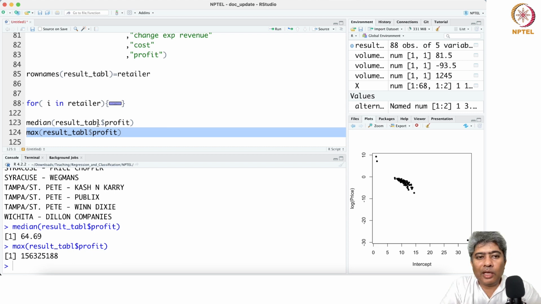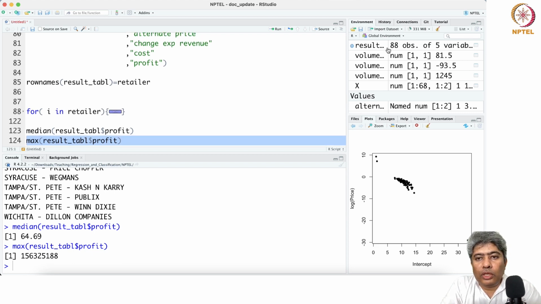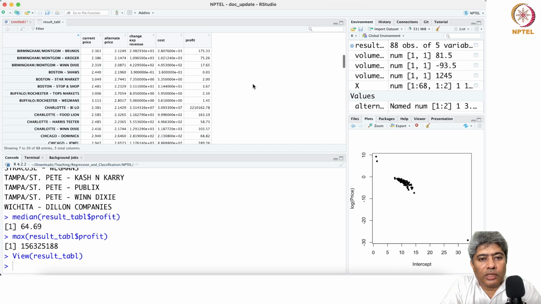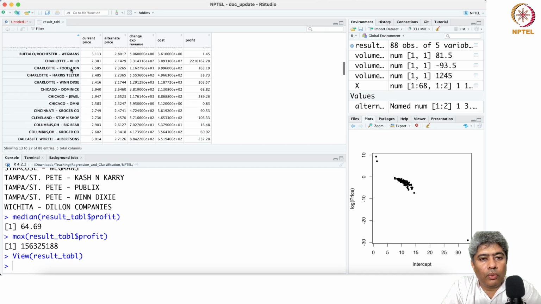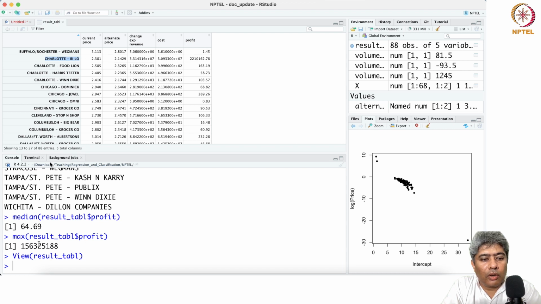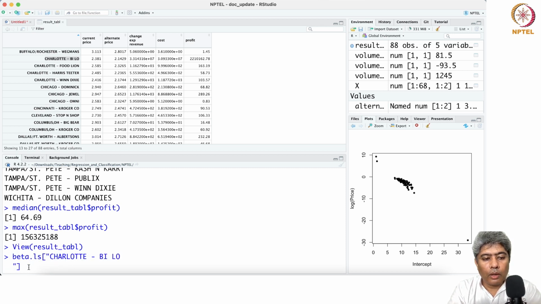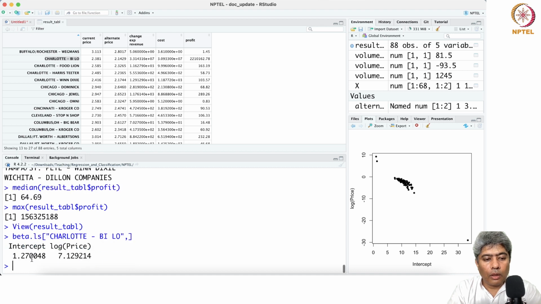So I think this particular guy, whoever this is, below, Charlotte below. Let me just copy and check beta dot ls. Yeah, so 1.27 is somewhere here, and 7 point something on the log price. So this is definitely one of them, these two guys.